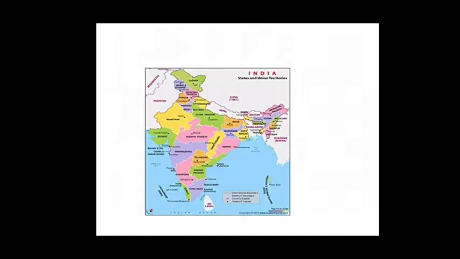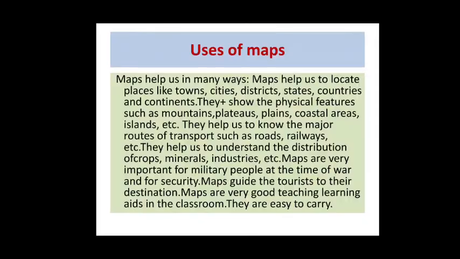So what are the uses of the map? India, you can see this is a political map, so it gives all the information. Uses of maps. Maps help us in many ways.